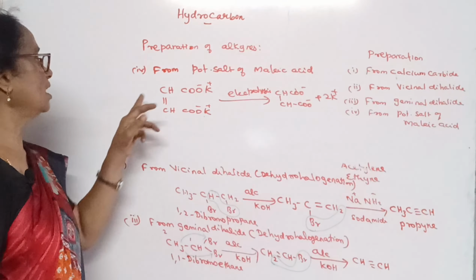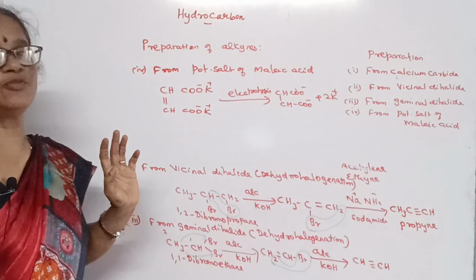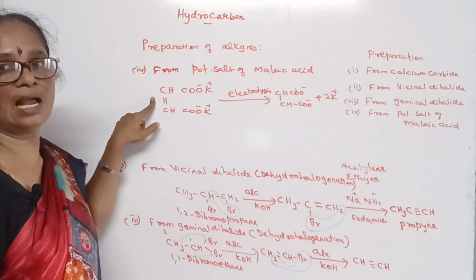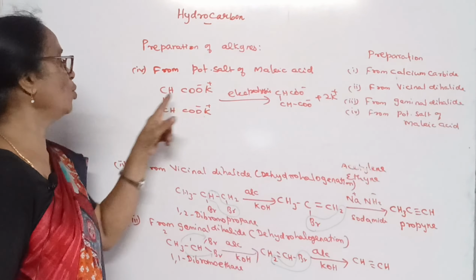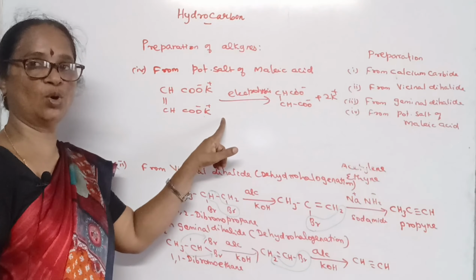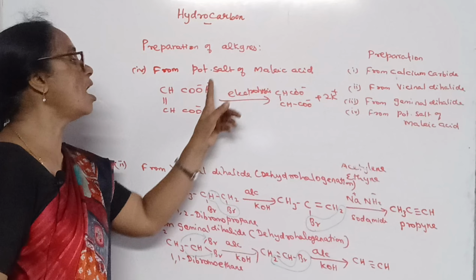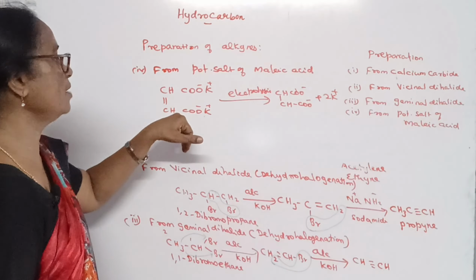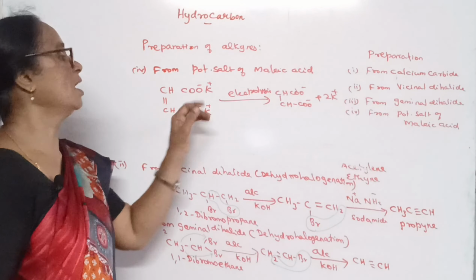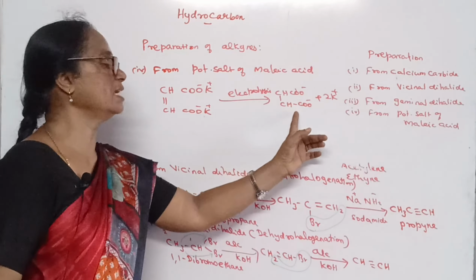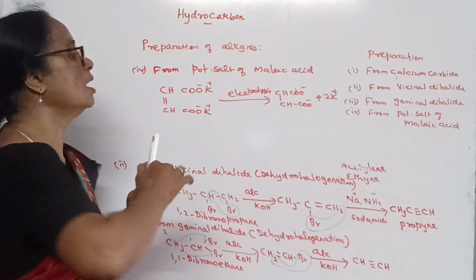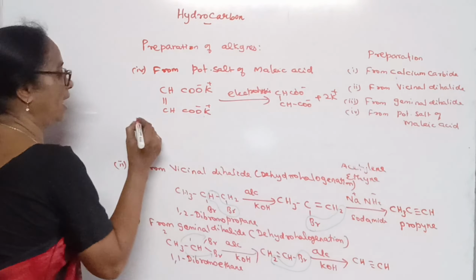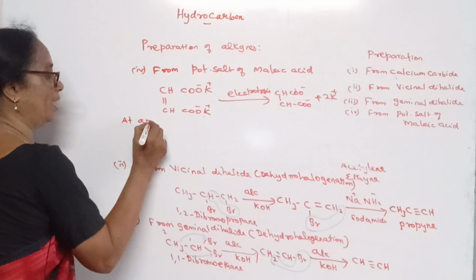So the next method of preparation is from potassium salt of maleic acid. Maleic acid is an unsaturated acid, CHCOOH double bond CHCOOH. When the hydrogen of carboxylic acid is replaced by K+ ion, we are getting potassium maleate. When it undergoes electrolysis, it splits up into maleate ion and potassium ion. So at the anode, the maleate gets liberated.